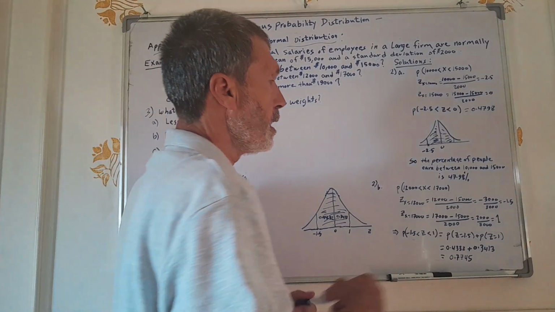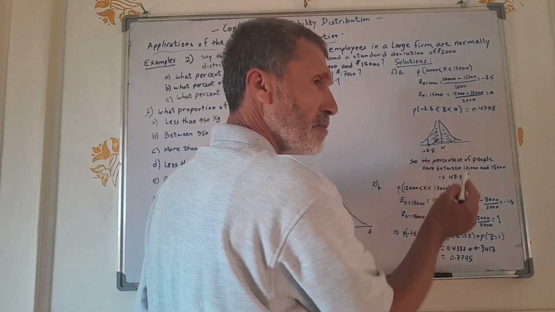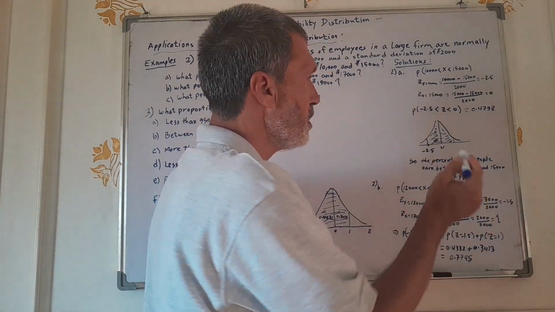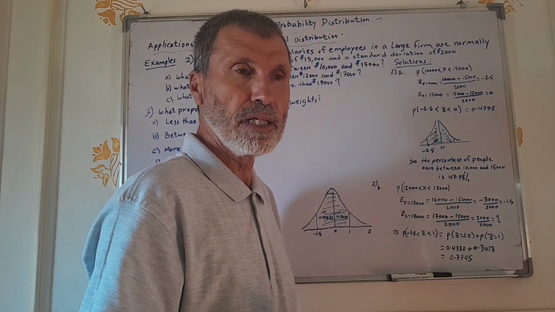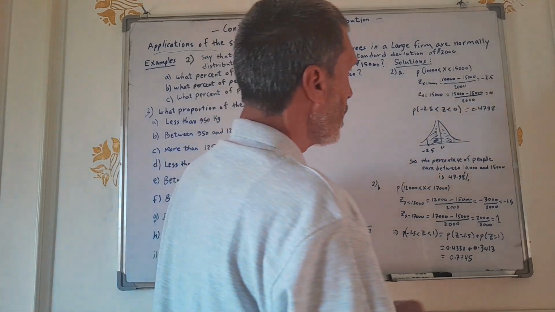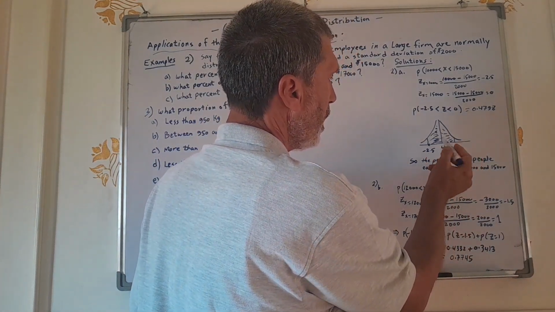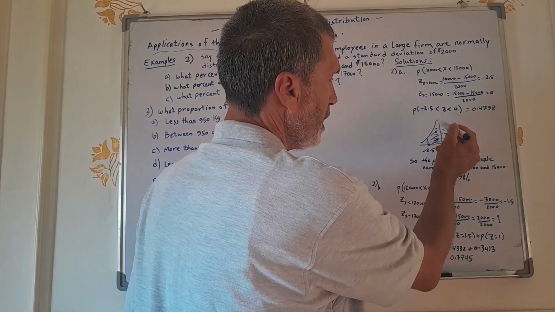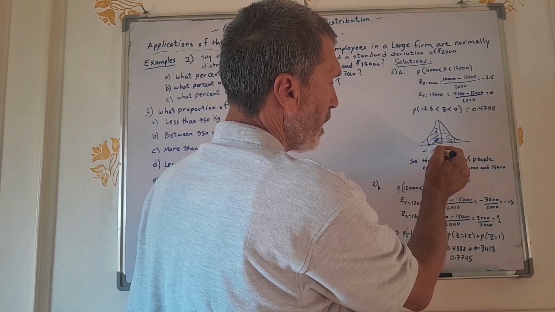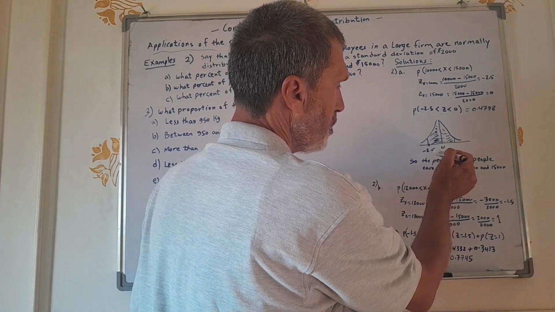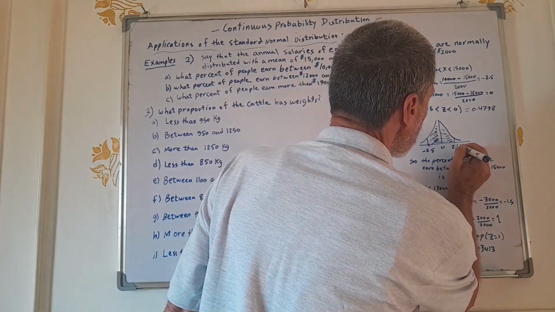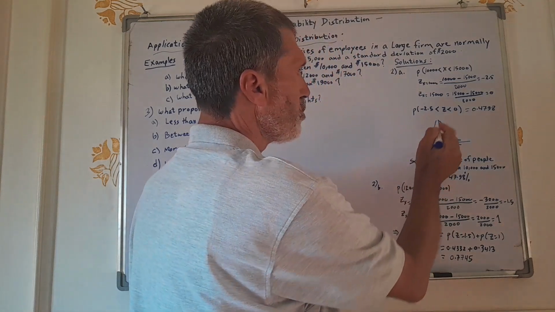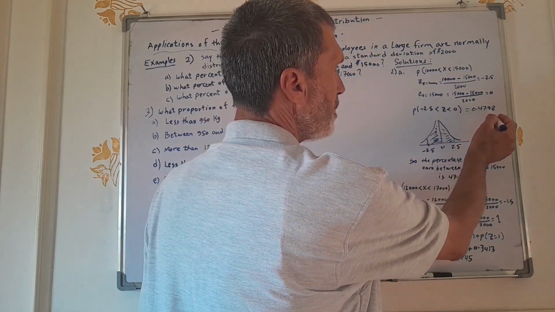So minus 2.5 is the same as 2.5. So we go to the z table in the appendix and find the probability for z equal to 2.5, and we calculate that to be 0.4798.